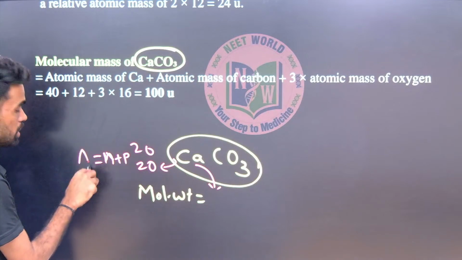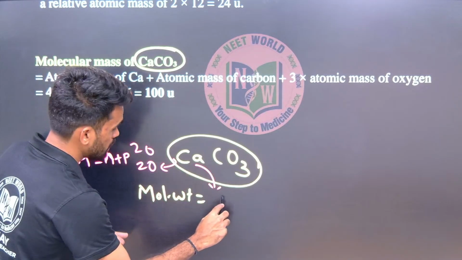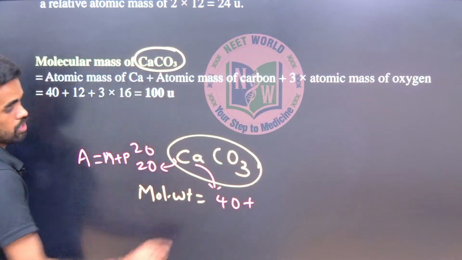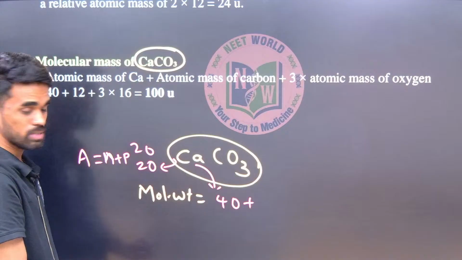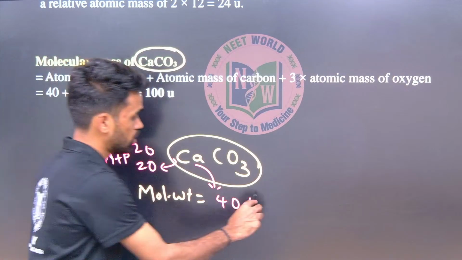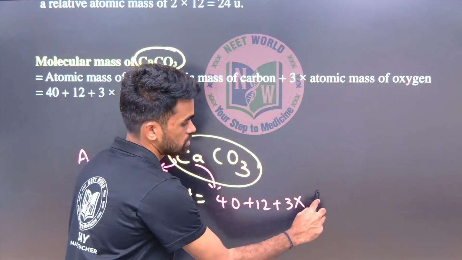I indicate the mass number with A. So for calcium I should take 20 plus 20, so 40 here, plus one carbon atom, with atomic number 6, which means 12, plus 3 oxygens, 3 into 16.